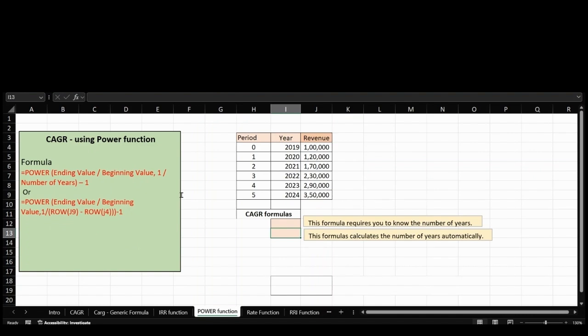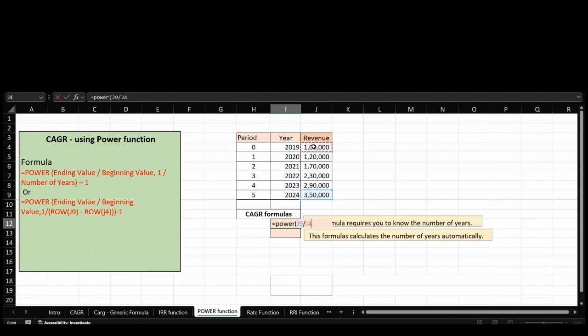Okay, so now we'll substitute the formula here. Here time period is given, years are given, revenue is there. Now we'll enter this data in this formula. So here it will be is equal to power, inside the bracket end value divided by beginning value.